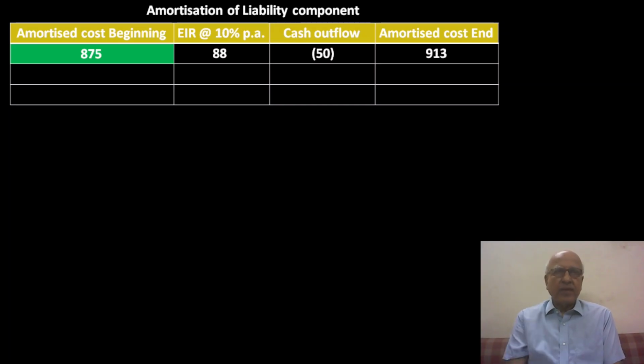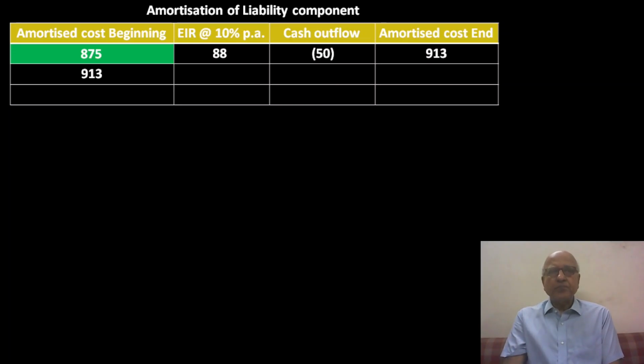I repeat, opening balance 875. It is added with the interest element, that is interest calculated by applying effective interest on the opening balance 875. And what is deducted from this figure is the cash outflow, the interest that has been paid. Balance is 913. So 875 plus 88 minus 50 comes to 913, that is the closing balance.